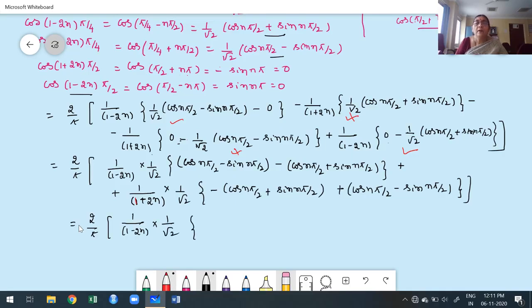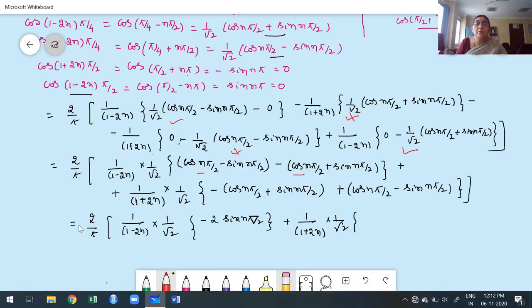Okay. Now once you remove this bracket, observe cos n pi by 2 minus cos n pi by 2 is cancelled. Minus sin n pi by 2 minus sin n pi by 2. What do we get? Minus 2 sin n pi by 2. And next, plus 1 by 1 plus 2n into 1 by root 2 of.